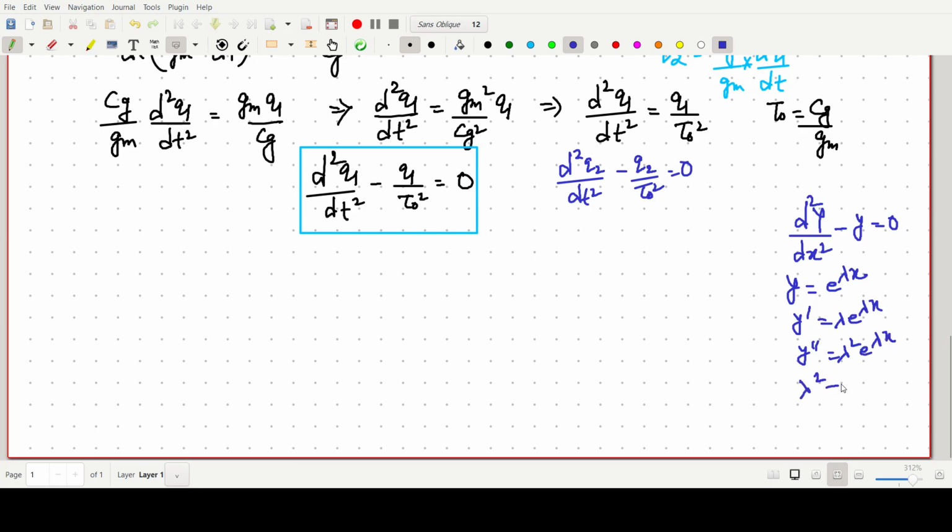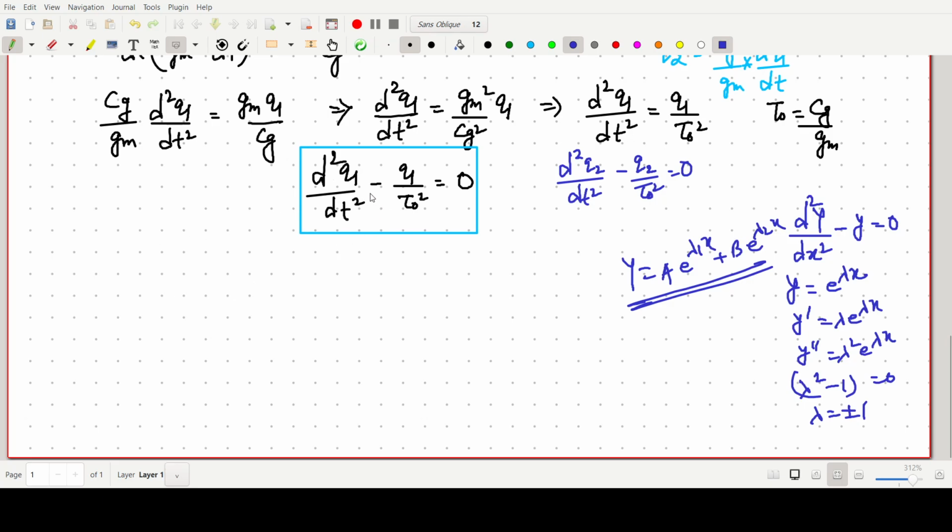Then we can write lambda square minus 1 equals to 0. So lambda equals to plus minus 1. Then the solution of that particular differential equation can be written as y equals to a times e to the power lambda 1 x plus b times e to the power lambda 2 x. So similarly, we have to do it for this one.